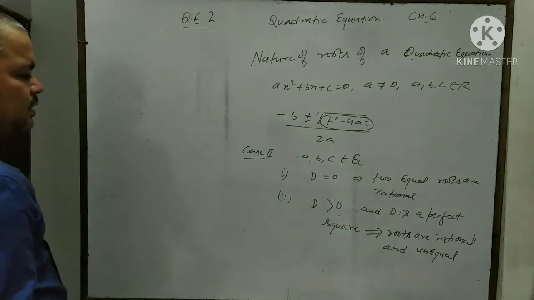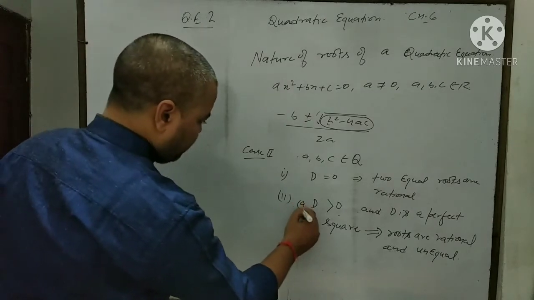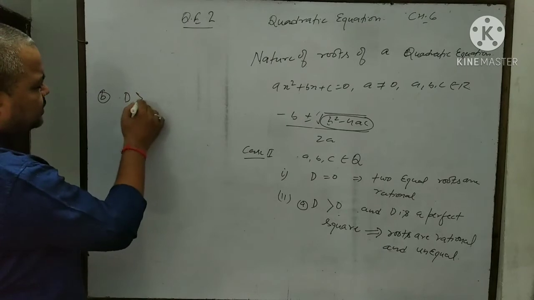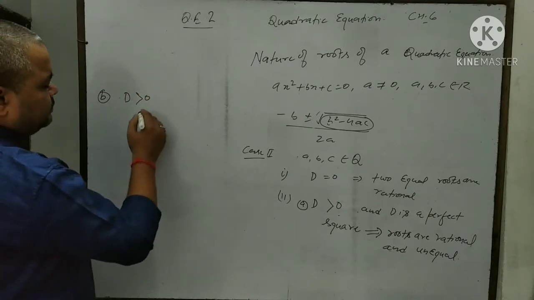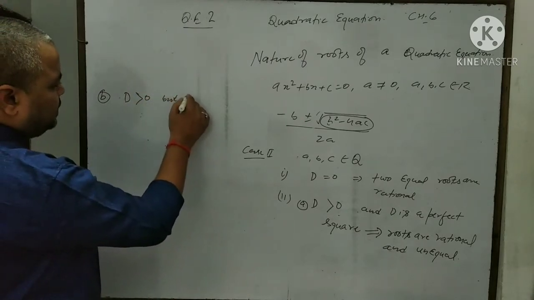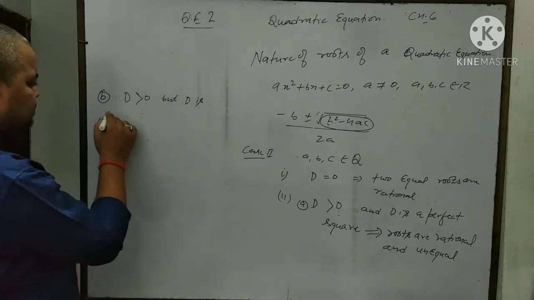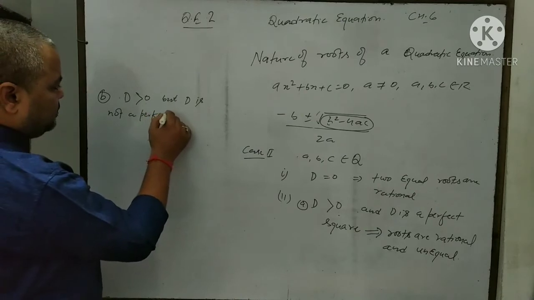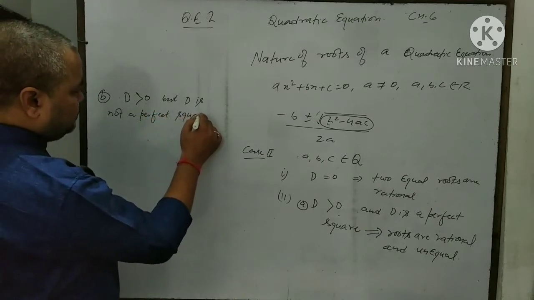But here this is the A part. The B part is what? The value of discriminant is greater than 0, but D is not a perfect square.